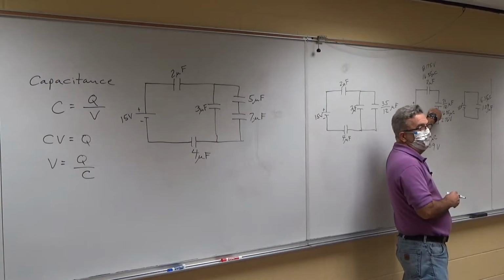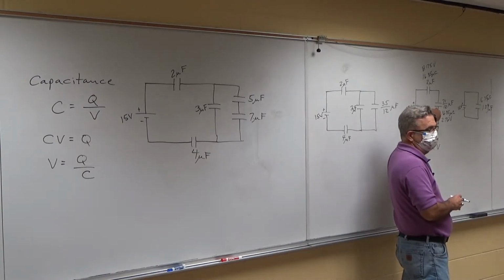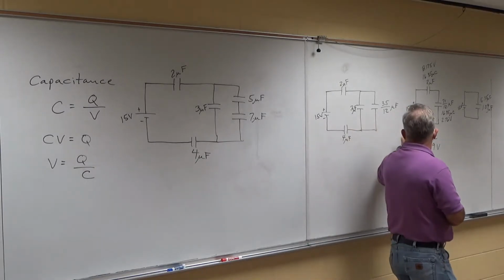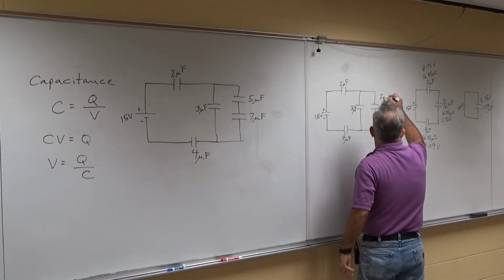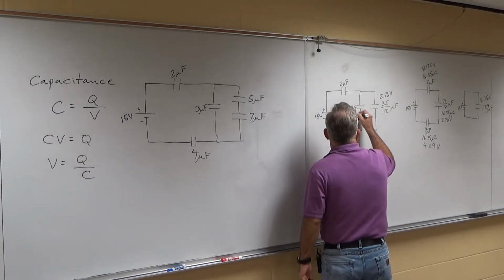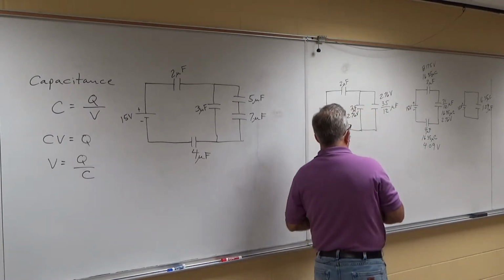This capacitor came from a parallel connection. So we're guaranteed that each one of these will have 2.76 volts. Caps in parallel have equal voltage.